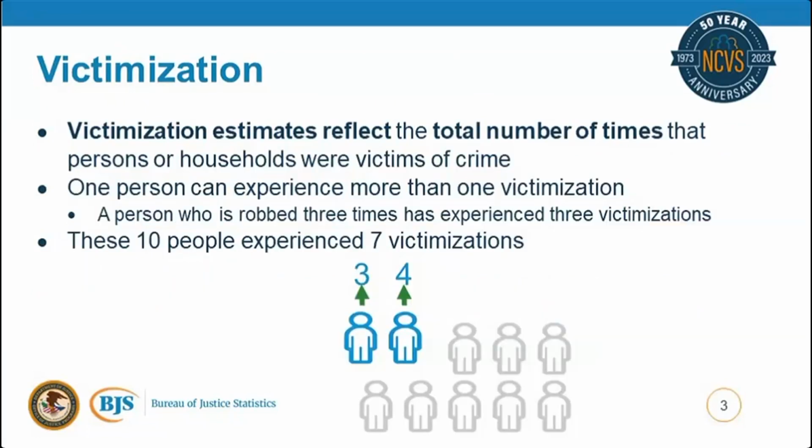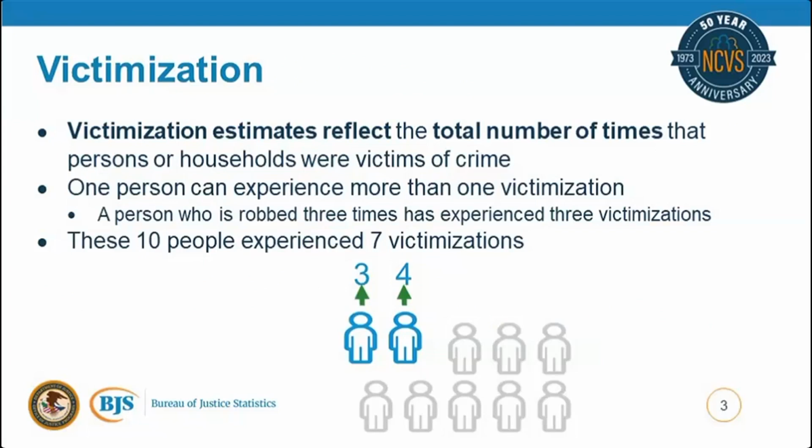Victimization estimates reflect the total number of times that persons or households were victims of crime. One person can experience more than one victimization. For example, a person who is robbed 3 times has experienced 3 victimizations.